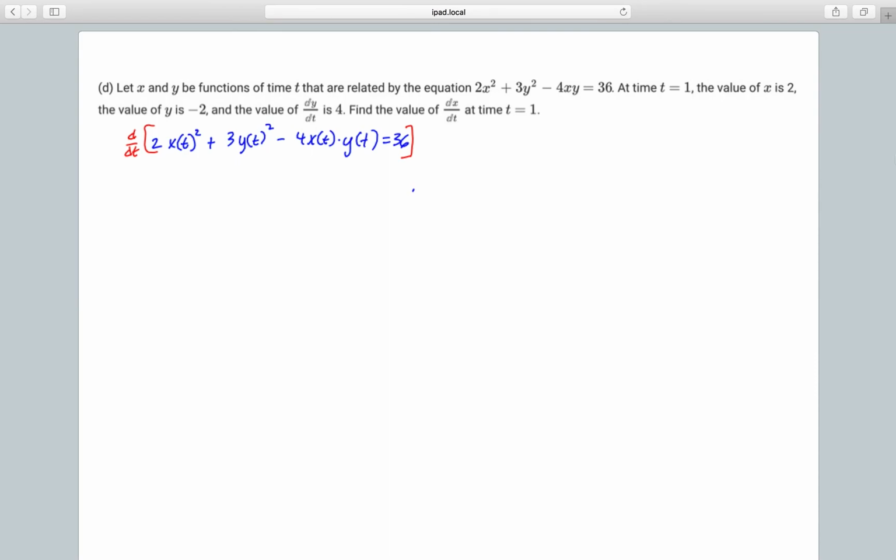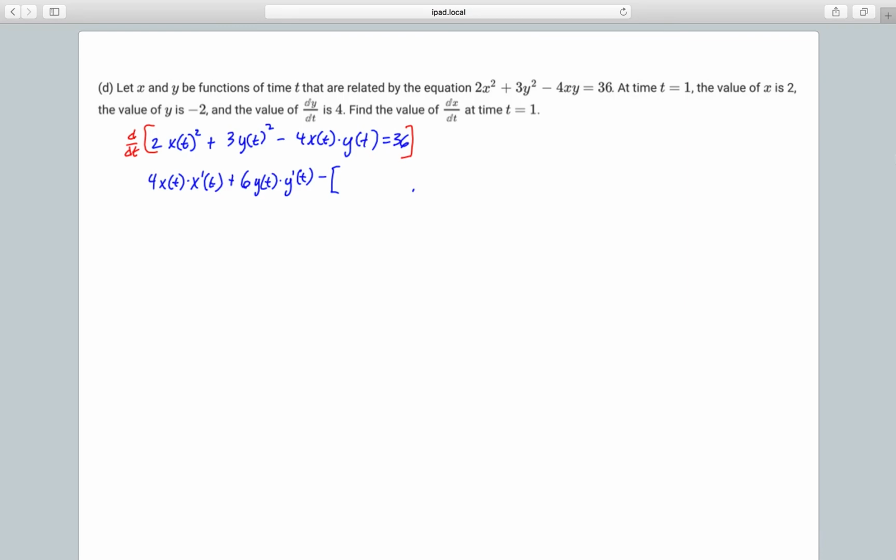So let's see what we get here. For this first one, we're going to have to use chain rule. So derivative of the outside is 4x of t times x prime of t, or dx/dt. Same thing here, plus 6y of t times y prime of t, or dy/dt if you wish. Minus, now here I'm going to have to use product rule rather.